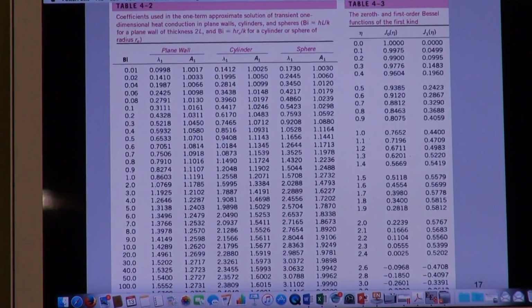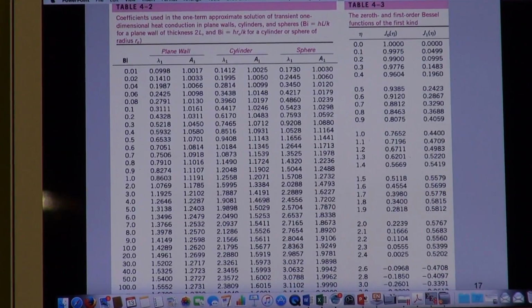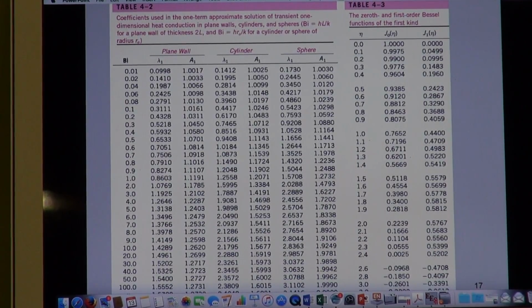So in the test and exam, if you use 2, I'll be happy with it. If you go and do linear interpolation, then the correct values, I think, is lambda 1 equal to 1.5995, or maybe I've used the values at 2, I cannot remember, and A1 is equal to 1.3384.